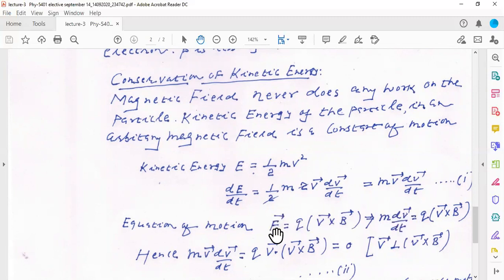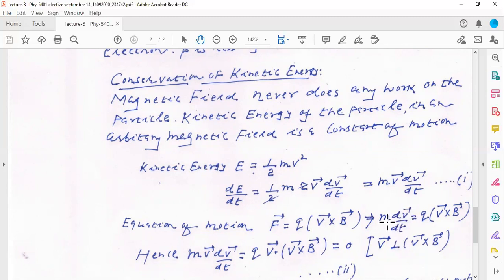So I am using F is m into dv by dt, which is equal to q times v cross B. Now we want the expression m v dv by dt, and we have m dv by dt.